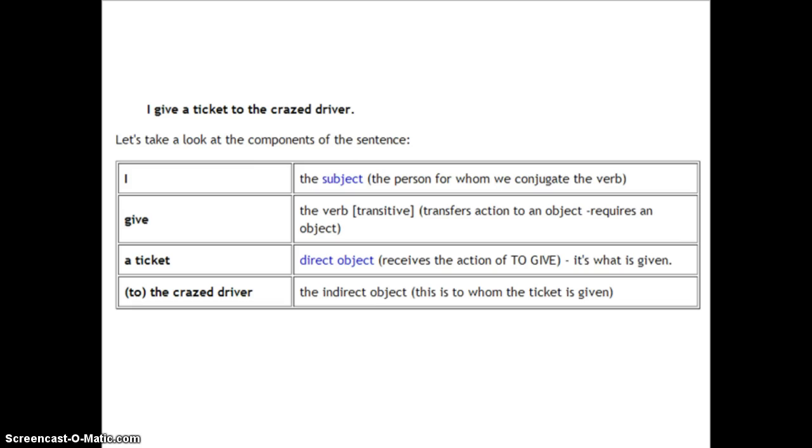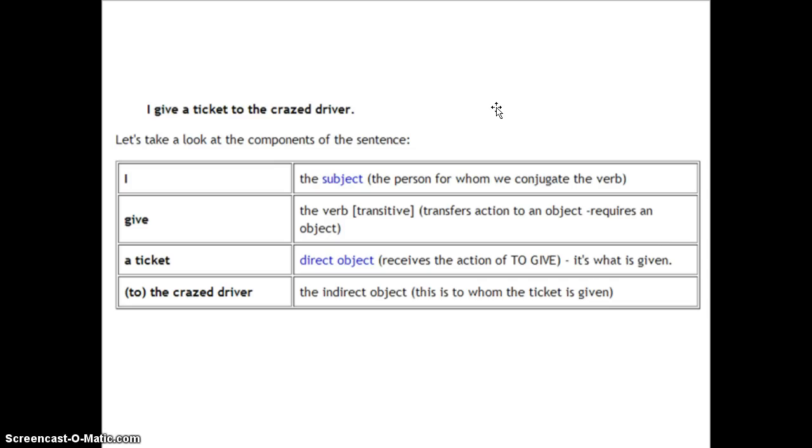Let's continue with some more examples in English that break the sentence down. Our sentence is: I give a ticket to the crazed driver. Now we're going to break down the sentence. I is the subject, the person doing the action.